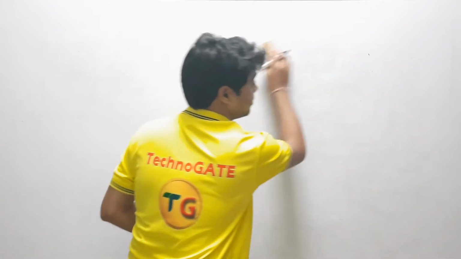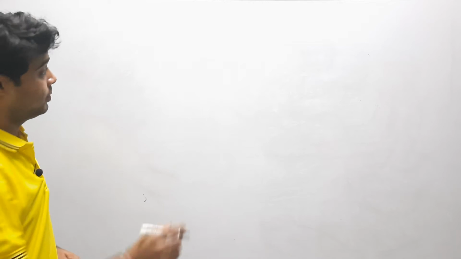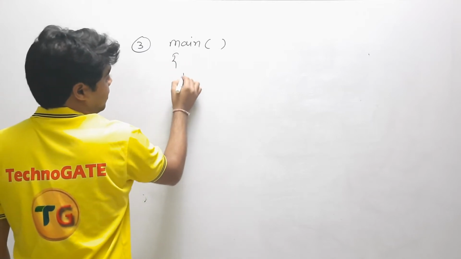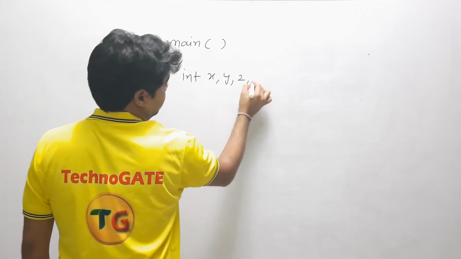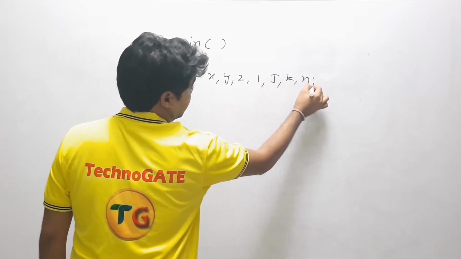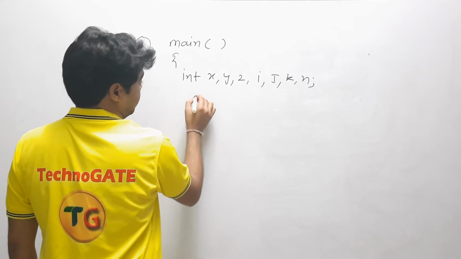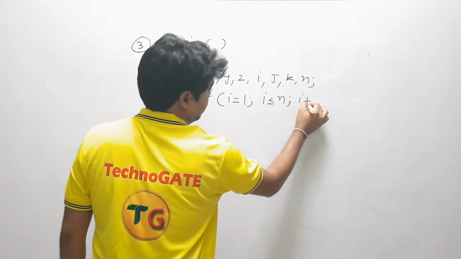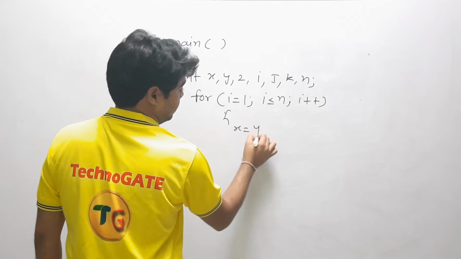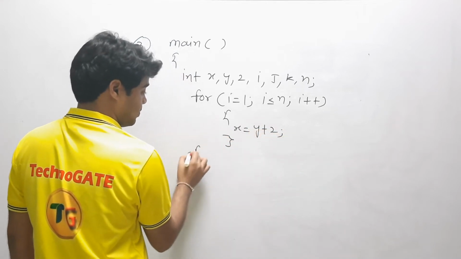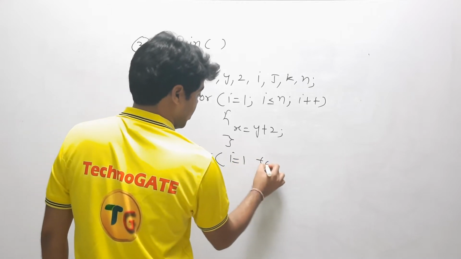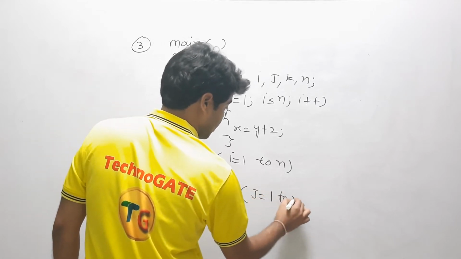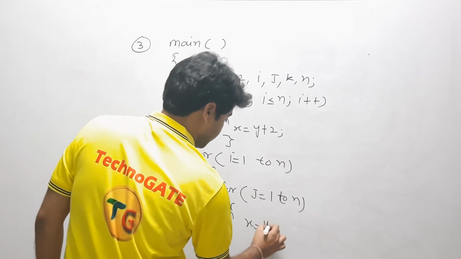So the next one is the main program here. for i 1 to n, for j 1 to n, and here x equals y plus z.